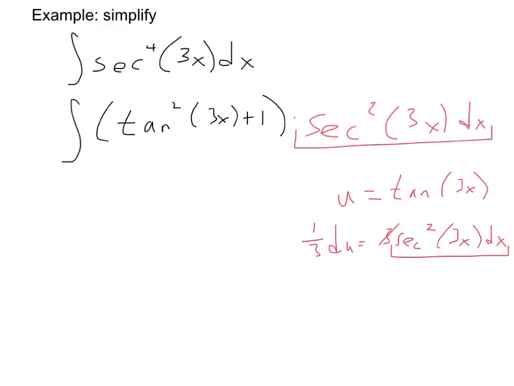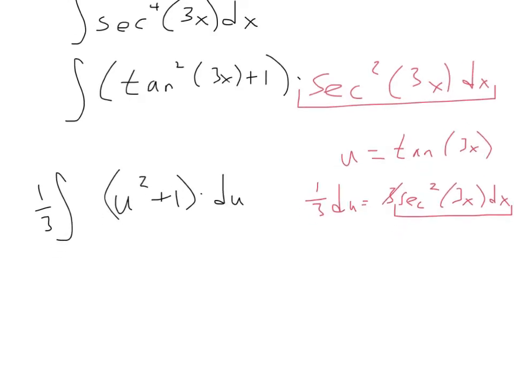So when I plug things back in, I'm going to end up with the integral of u squared plus 1 times 1/3 du, so I'll pull the 1/3 out front, and I'll leave the du on the end. Okay? And this is just a really straightforward integral.